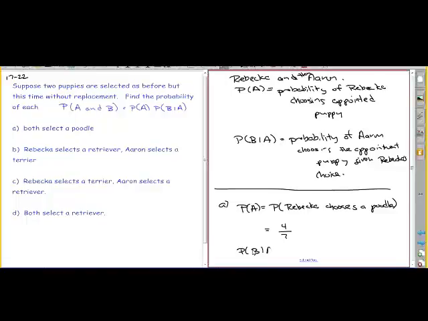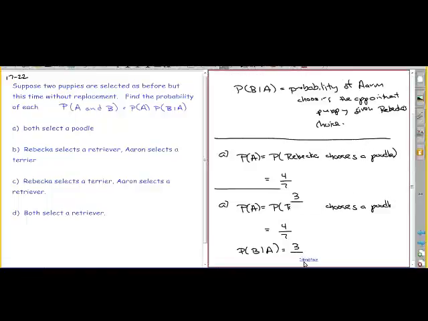I didn't know that. Okay, so the probability of event B happening, given that event A has happened. Aaron is going to pick a poodle, but what's changed is there is one less poodle and one less dog. Because we're not replacing the poodle, there are 3 poodles left after Rebecca has chosen hers, and only 6 dogs to choose from.